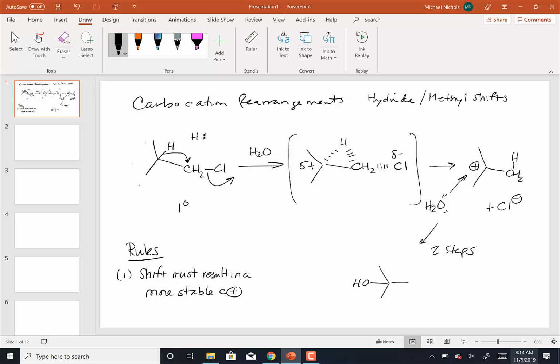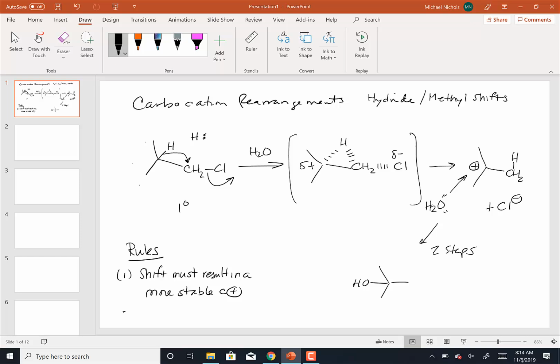I'll show you examples in a minute or two. We can go from secondary to tertiary. We could, in theory, go from primary to secondary in this system as well. But you cannot go secondary to secondary. You cannot go tertiary to tertiary. This costs energy, and you need to get that energy back. And the way you get the energy back is by forming a more stable carbocation. So that's rule number one. Whenever you do a shift, you must end up with a more stable carbocation. If not, it's not going to rearrange.